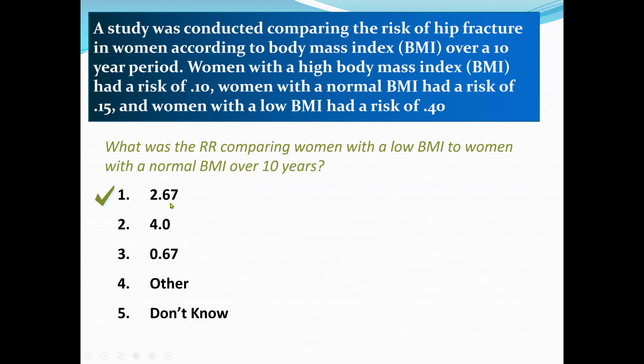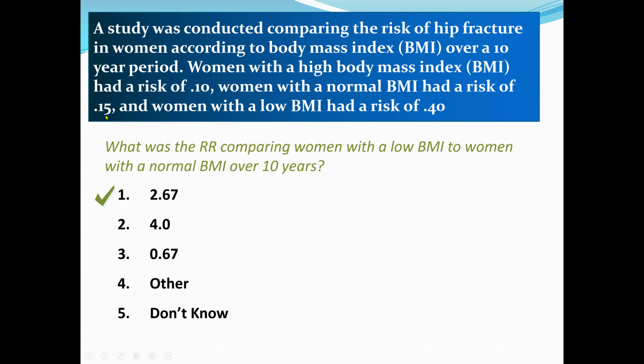Now let's look at the data. Why is it 2.67, which means it's high? The risk of women with low BMI is very high, just by looking at it, 0.40, and normal is 0.15.